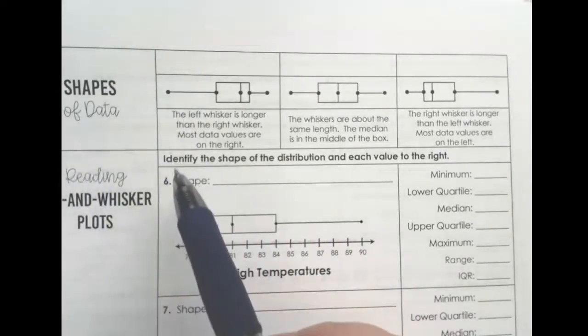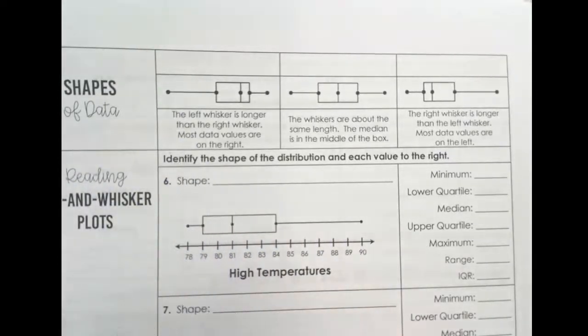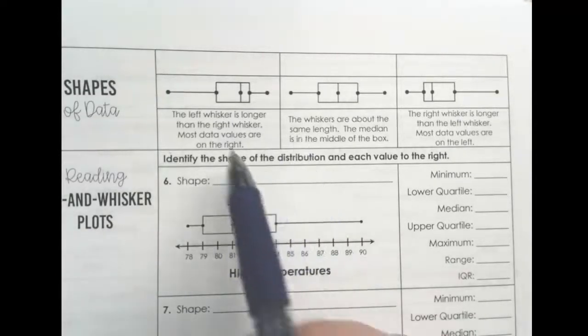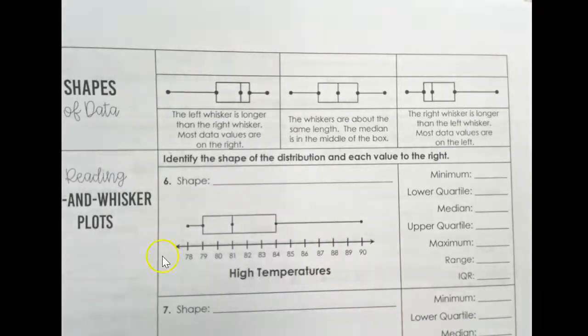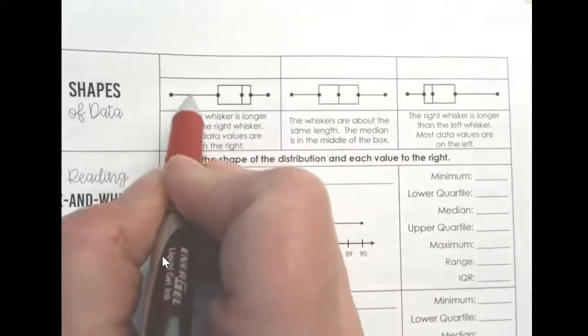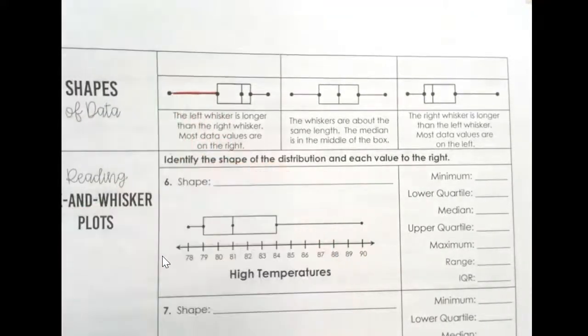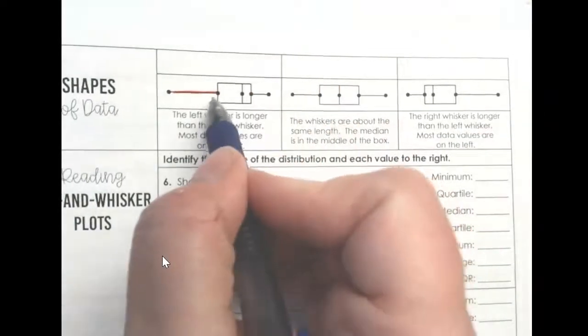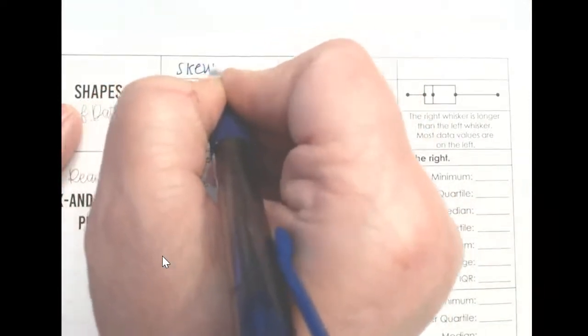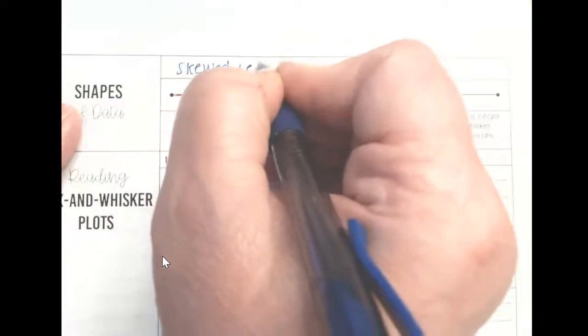So there's 3 different kinds of shape that we talk about mainly. And so when we look at our box and whisker plot, do you see how the left-hand whisker is longer than the right-hand whisker? Okay, so when the left-hand whisker is longer, it's something we call skewed left.